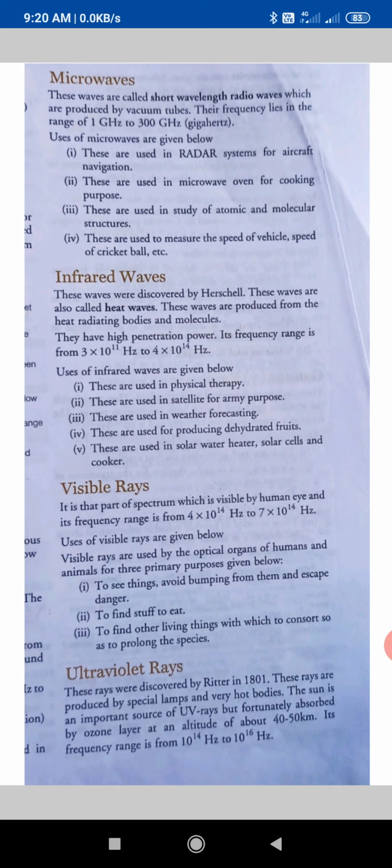Next, visible rays. It is that part of the spectrum which is visible to the human eye, and its frequency ranges from 4 into 10 to the power 14 Hz to 7 into 10 to the power 14 Hz.